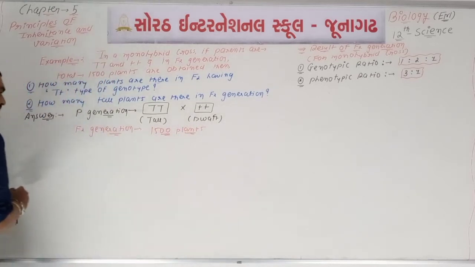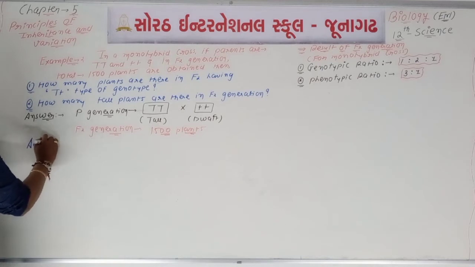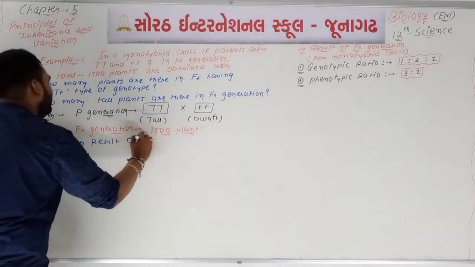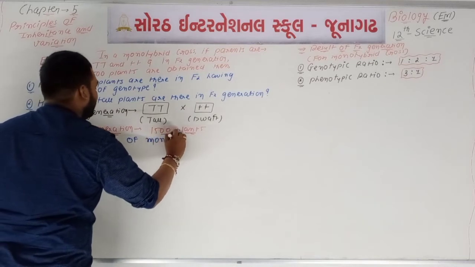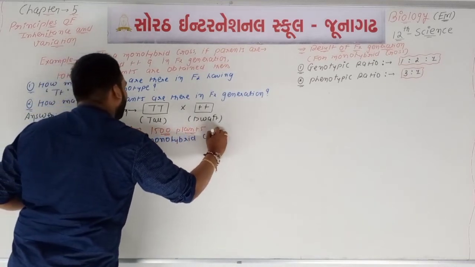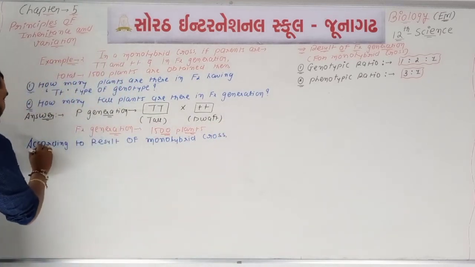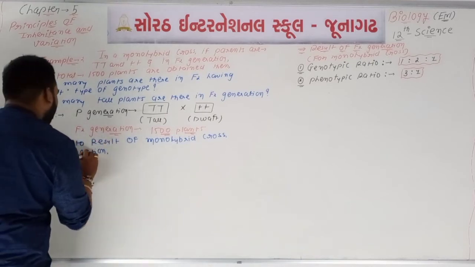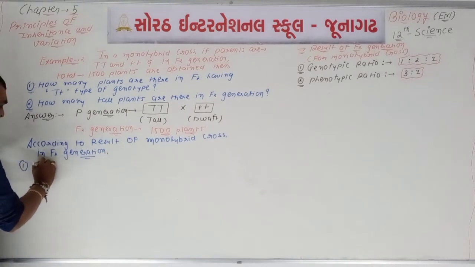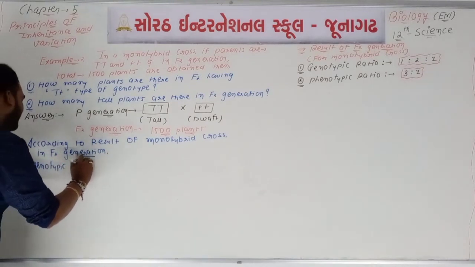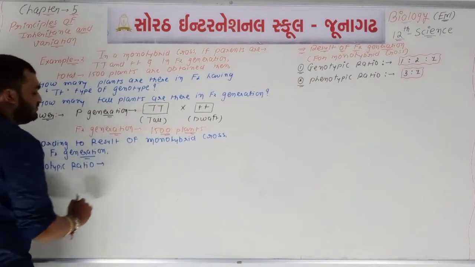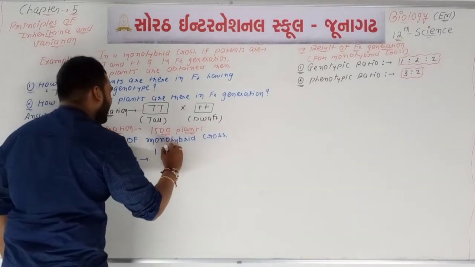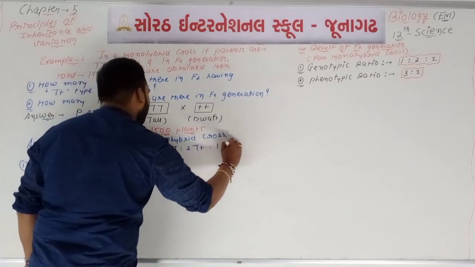According to the result of monohybrid cross in F2 generation, first the genotypic ratio will be 1 is to 2 is to 1, meaning 1 capital T is to 2 capital T small t is to 1 small t.